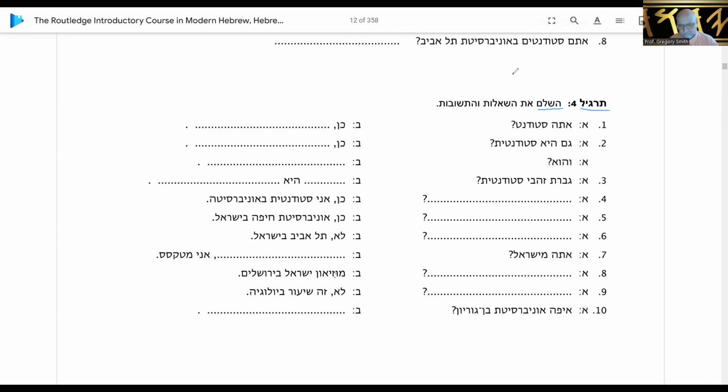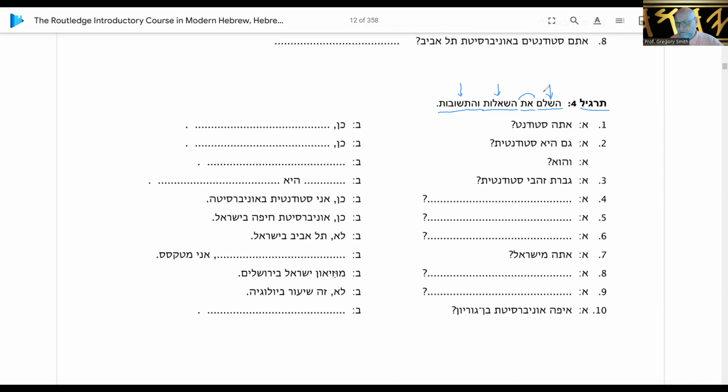Hashlem. Okay, so complete. Et is not translatable. Hashalot, which would be like the questions, vehatshuvot, and the answers. Okay, hashalot, vehatshuvot, so complete the questions and the answers.